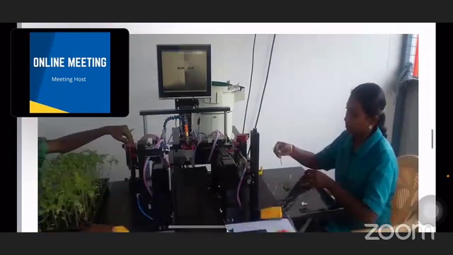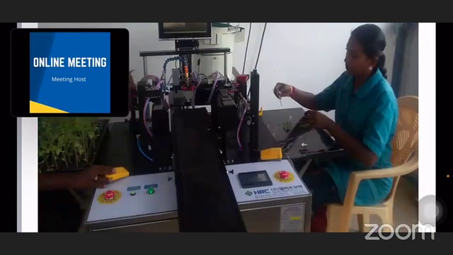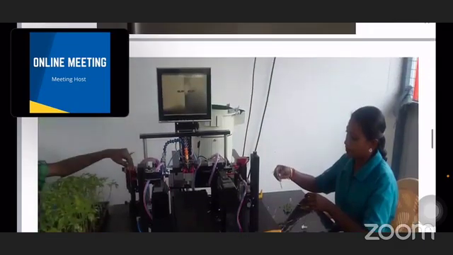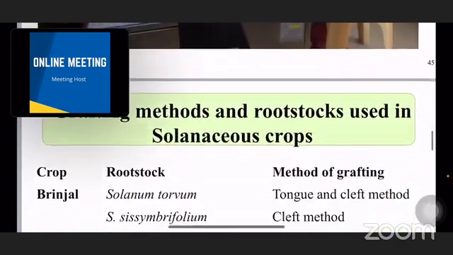Finally, the cut, the clip, everything is done by this robot machine only. Per hour, this many seedlings get ready by this robot machine. Otherwise, manually we can do very few per hour, right? So on a commercial scale, they are using these robot machines.